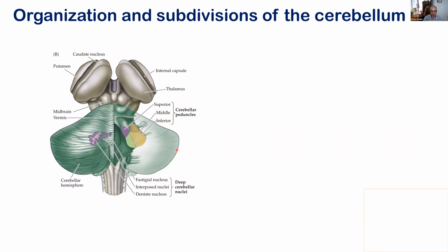So this is basically showing the structure and the three peduncles. The superior peduncle is almost entirely dedicated to sending outputs from the cerebellum. It sends its outputs primarily from this larger nucleus you see on the lateral side. The nuclei are on both sides, so this is only on one side.